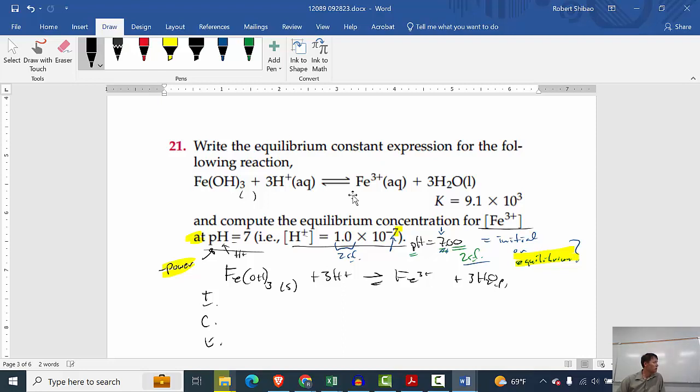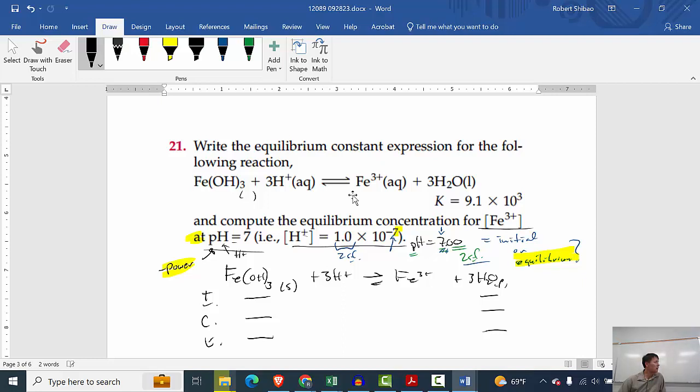So for solids, the activity never changes. We don't include the solids here because it just stays 1. The same thing with pure liquids, we don't have them in the ICE table either because it's just 1 all the way down. Actually, there is the concentration of pure water; I'll talk about that later. So pure solids and pure liquids, we leave out of the ICE table, and we're only looking at aqueous and gases. In this case, we just have aqueous.